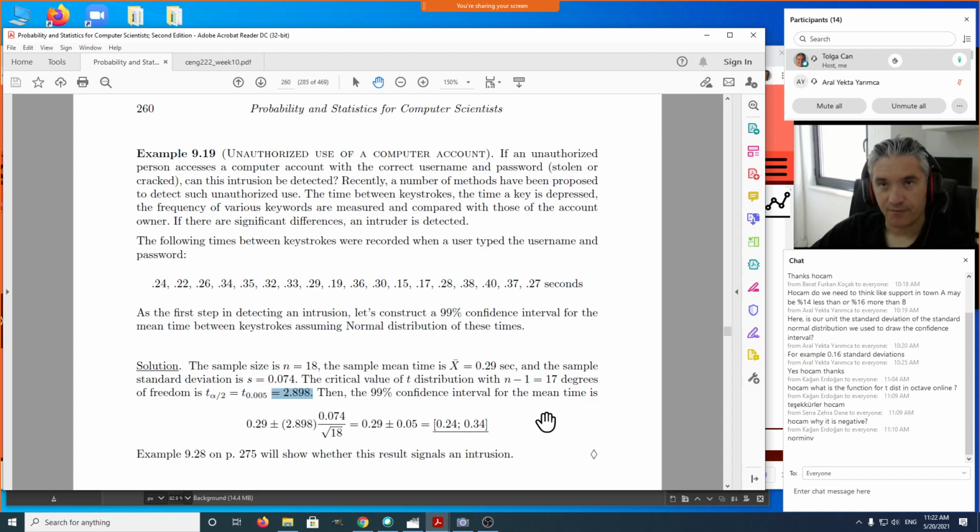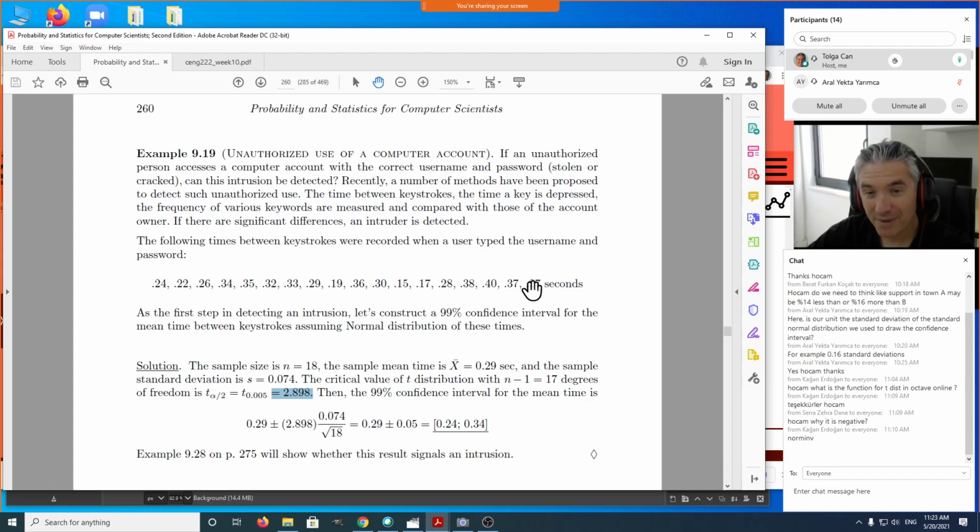Now, we are going to construct a hypothesis test for that. For example, we may want to figure out whether it's an intruder or not. The null hypothesis is a hypothesis that determines the normal case. It means that this is not the intruder.